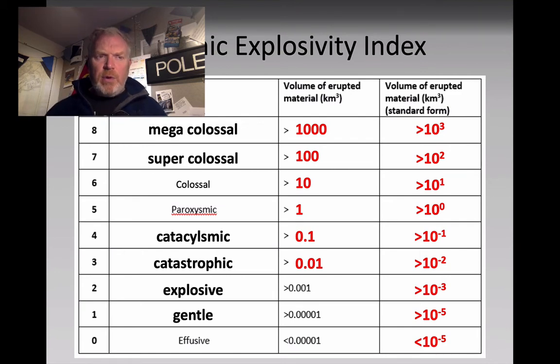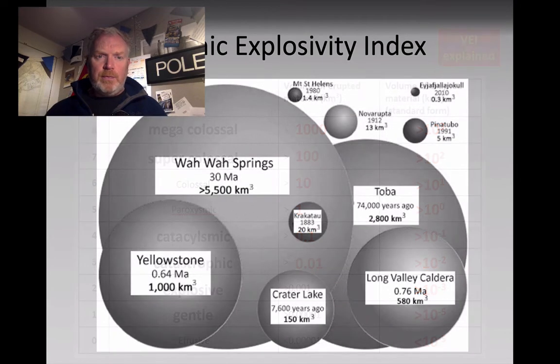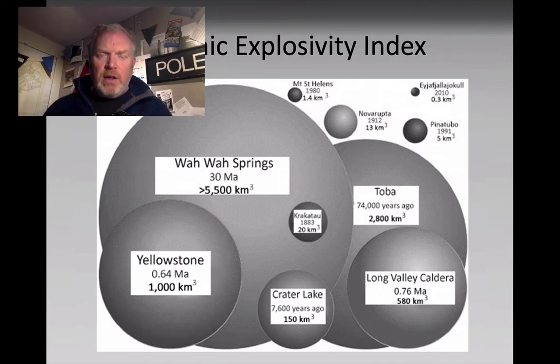Okay, now we've got that information, let's have a look at some eruptions from history. This is a graphic that tries to show the relative scale of some of these different eruptions. It also gives the amount of erupted material.